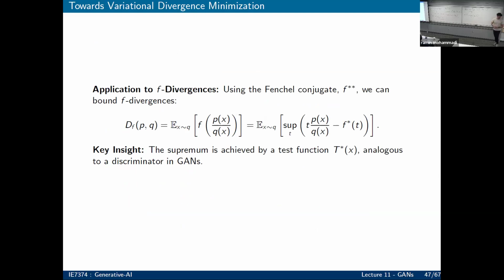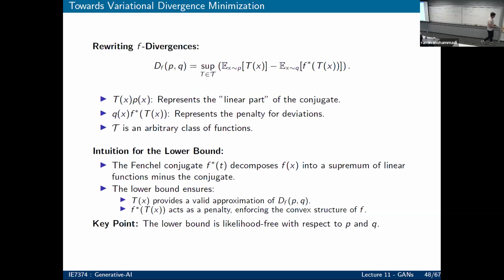So we have the supremum over t, p of x minus f of t. It is expectation here. So we basically break that down. That gives us expectation over t minus f star t.